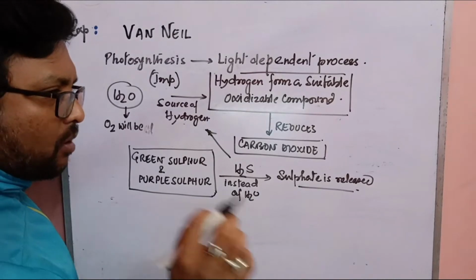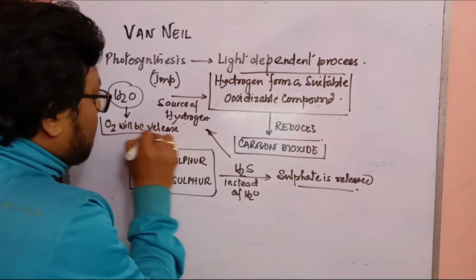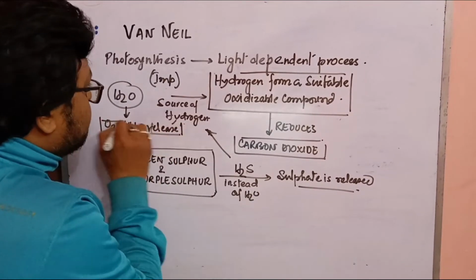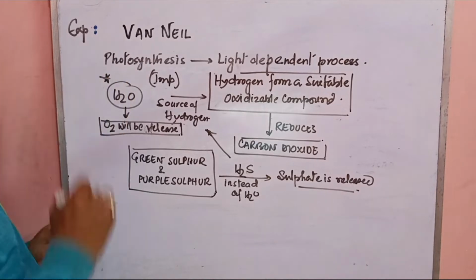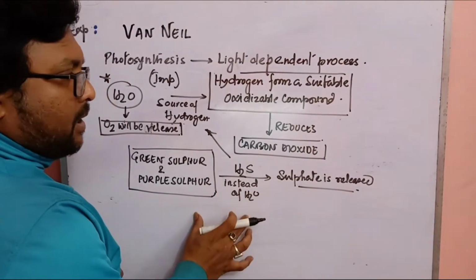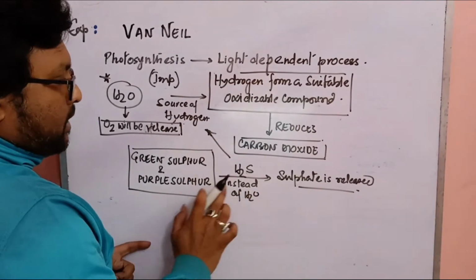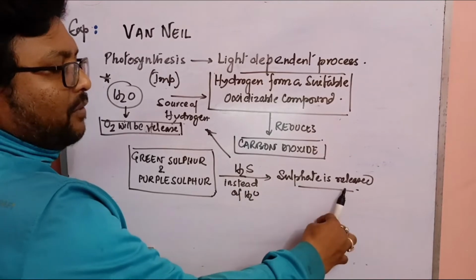Photosynthesis এ আমরা দেখতে পাই যে অক্সিজেন রিলিজ হয়। So what is the source of this oxygen? অক্সিজেনটা আসে কোথা থেকে? H2O থেকে। এই এক্সপেরিমেন্টটা থেকে এটাই বোঝা যাচ্ছে যে instead of H2O, when H2S is taken, sulfur is released.